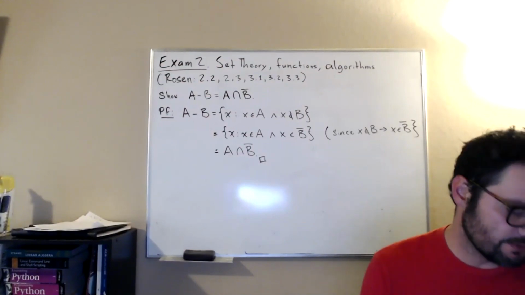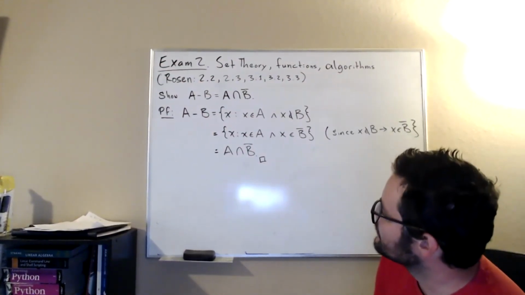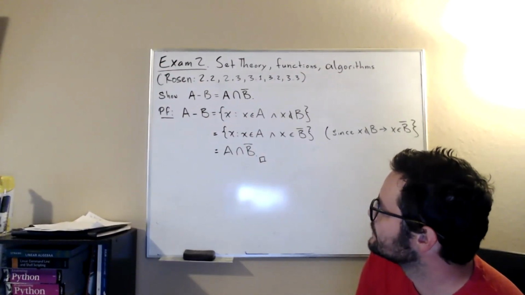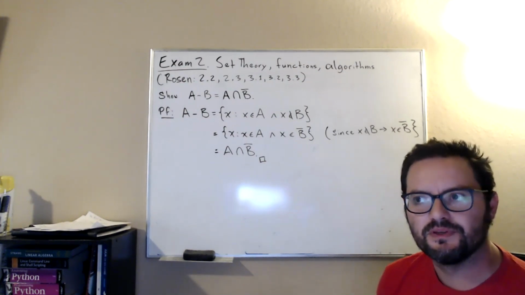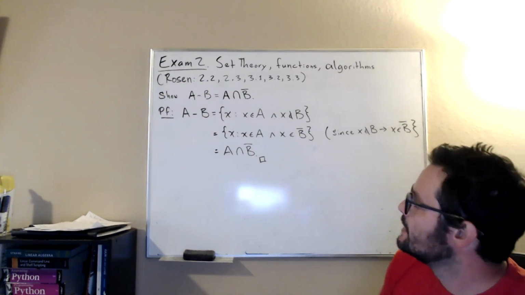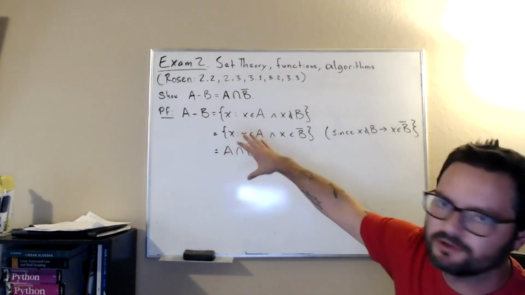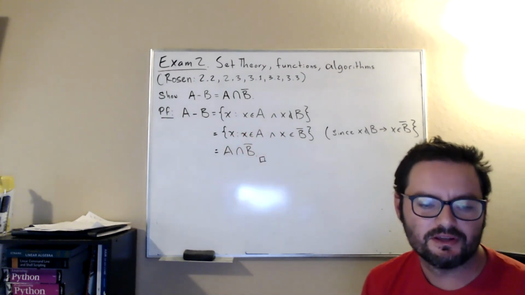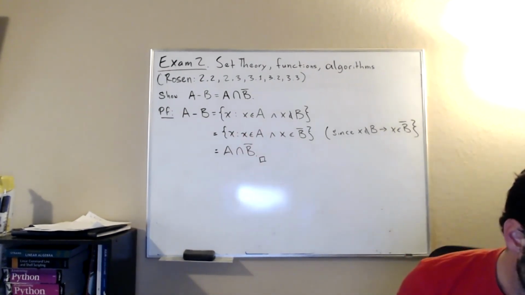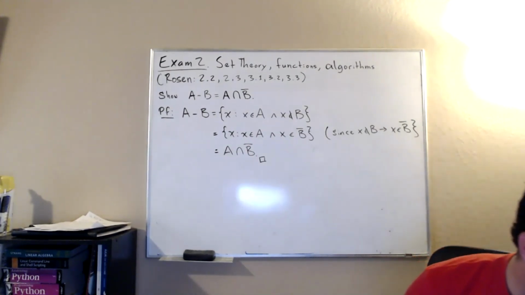So that was pretty simple. So I would imagine that one question will have parts like A, B, C, and D, and they're just examples of showing that some set equation is satisfied, or some subset equation is satisfied. So maybe I'll look at a subset.